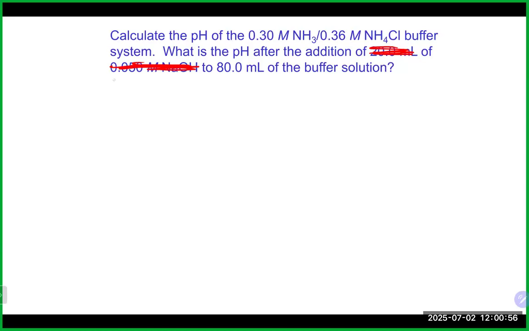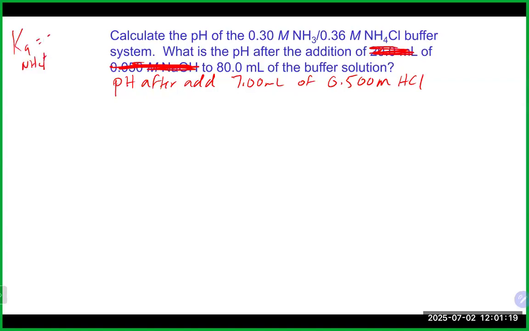What would be the pH after we add, why not, 7 milliliters of 0.5 molar HCl? So you don't have to do the first part. We'll just do the part after we added it. Again, I think I gave you both, but I'll give you the Ka of NH4 plus, which should be 5.6 times 10 to the minus 10. All right, so give that one a go.